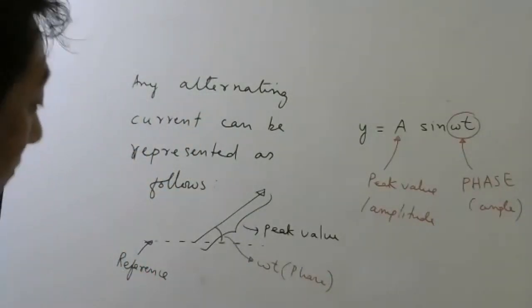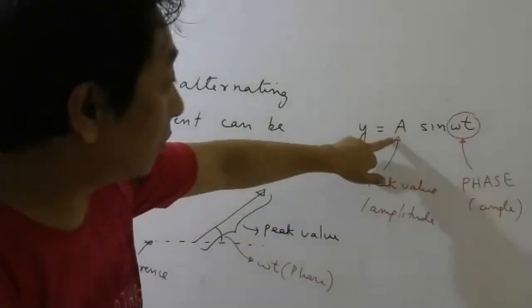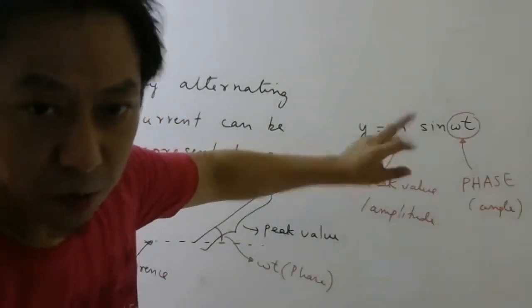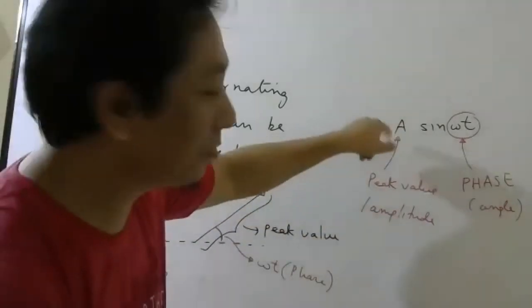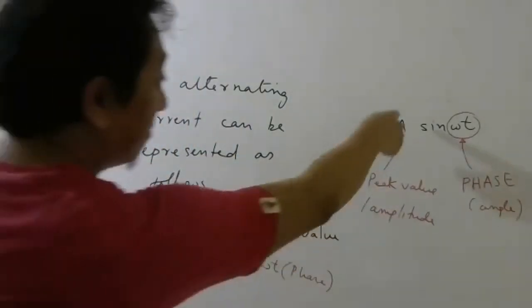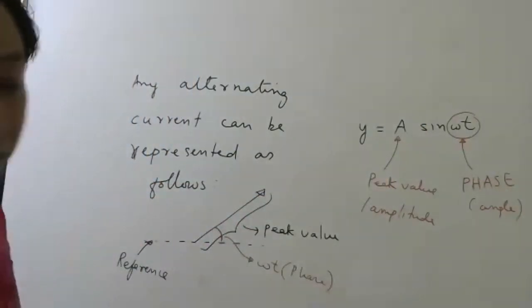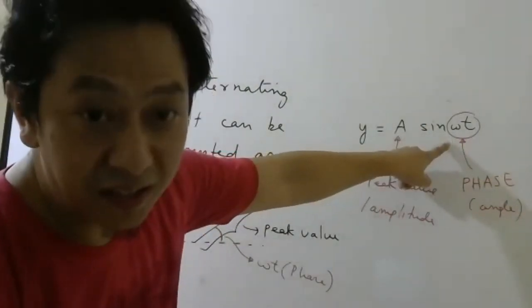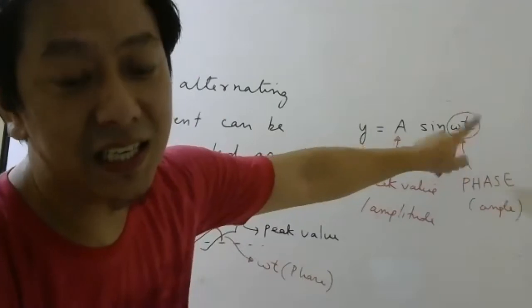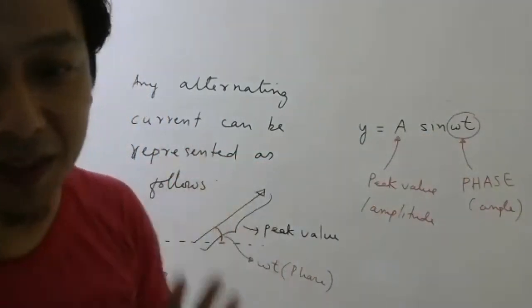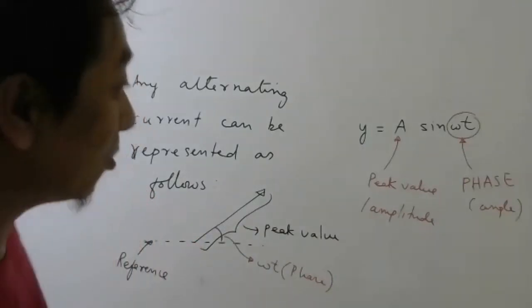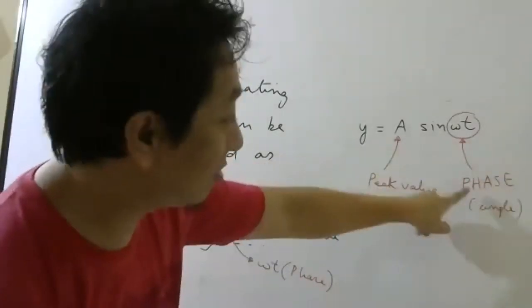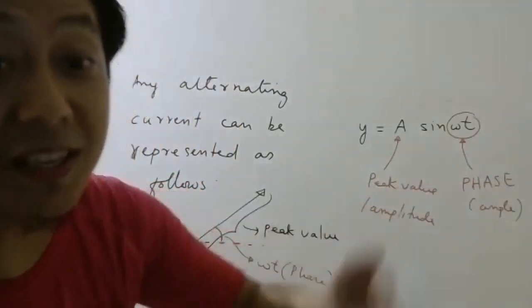Now look here. If you keep the amplitude constant, usually in those cases only we will study where amplitude is constant, you can see the phase contains omega t. T means time, and you all know time always increases. So this angle, which is phase, will keep increasing.